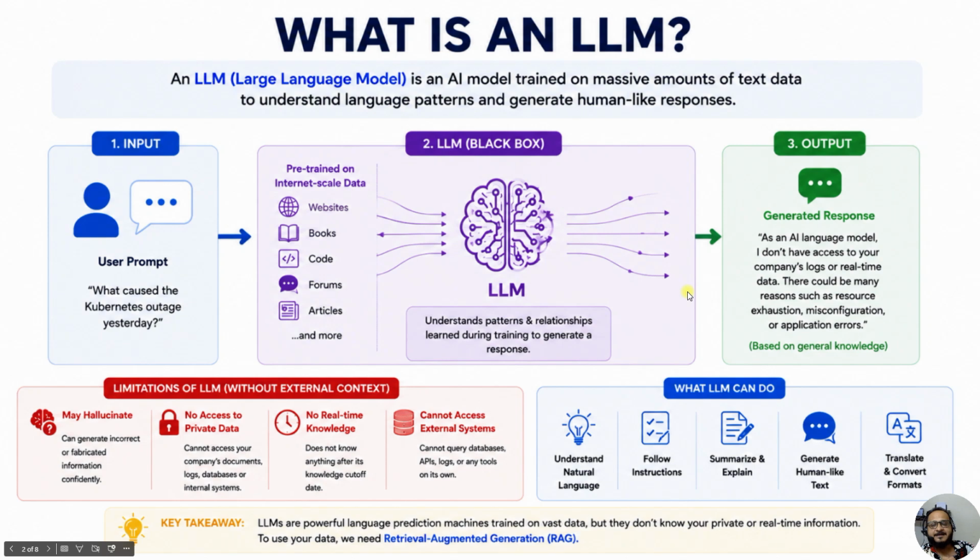LLM stands for large language models, and these are AI models which are pre-trained on a massive amount of data. What does pre-trained basically mean? For example, ChatGPT is an LLM, Gemini is an LLM, and these models are trained on a massive amount of data, but they don't have any up to date or real time data.